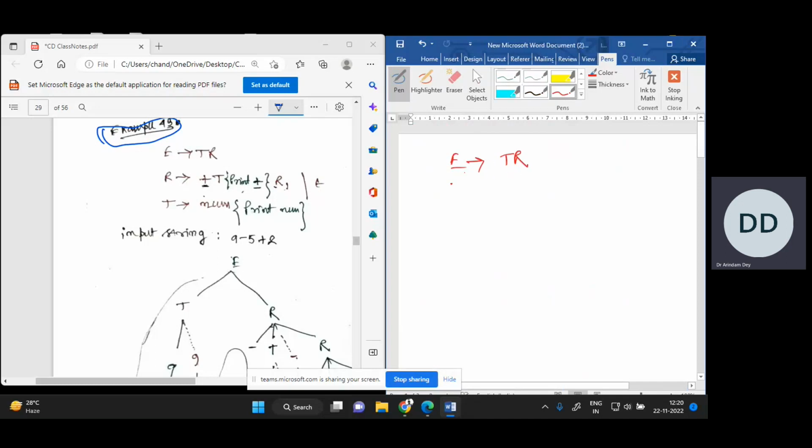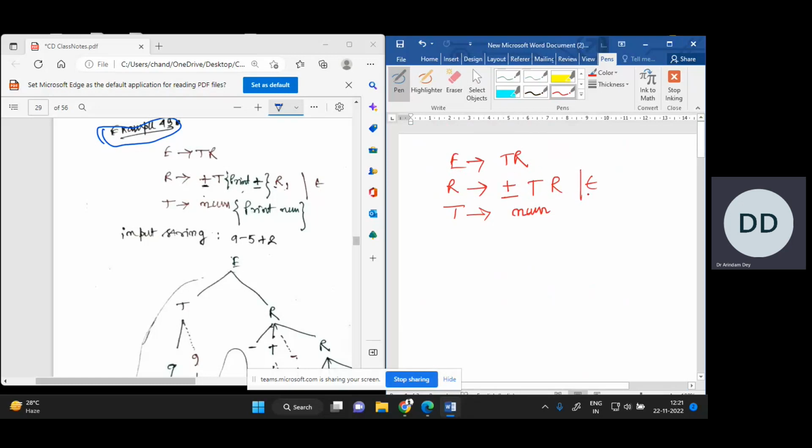This is the first production, and then from R there is a production. It may be plus or minus T and R1, or it may be an epsilon. Then they are giving T to num. So this is a very simple production rule. R2, R1 means you can assume it is R also if you have any doubt over there. No problem with that.